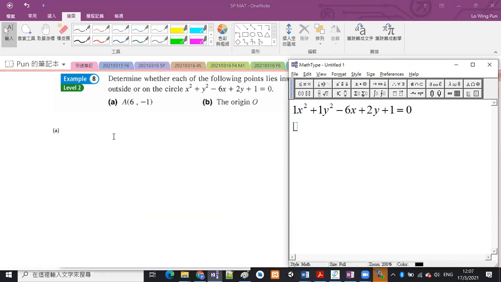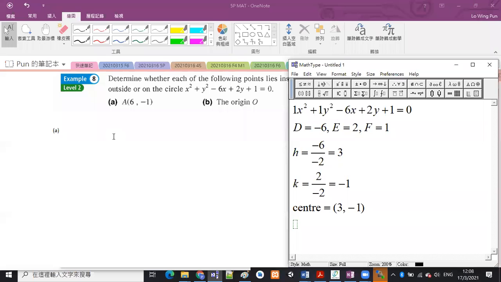Okay, and the right-hand side is already equal to 0. So we are ready to write down the D value, the E value, and the F value. And then to calculate the H value, that is D over -2, that is 3. And then K value, that is E over -2, that is -1. Okay, so the center is equal to 3 and -1. So let us just find the center and the radius first.